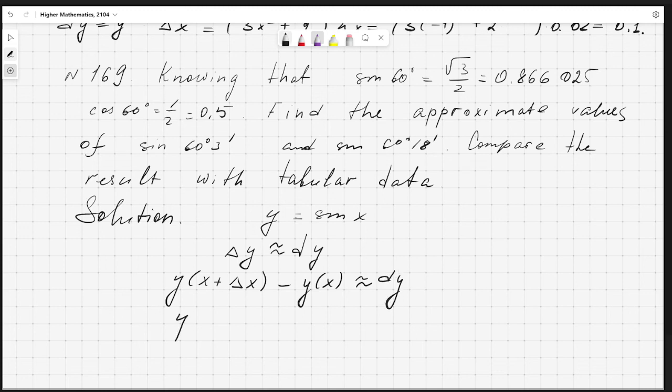It means y of x plus delta x is approximately y of x plus y prime of x times dx.